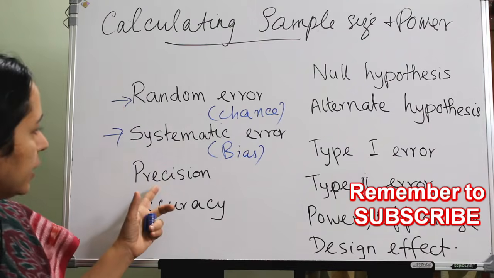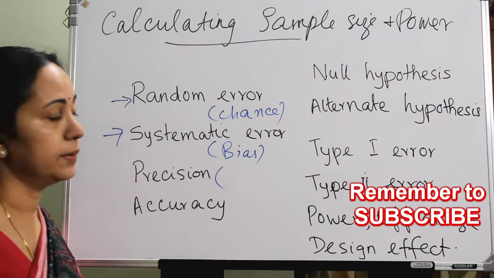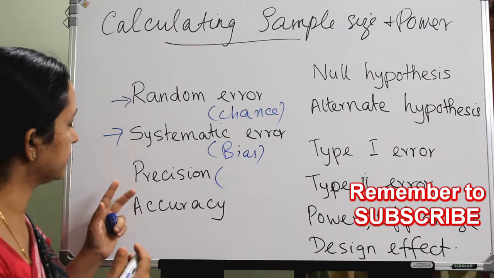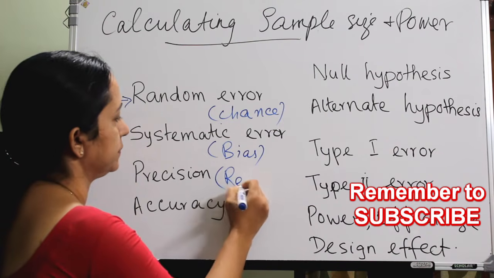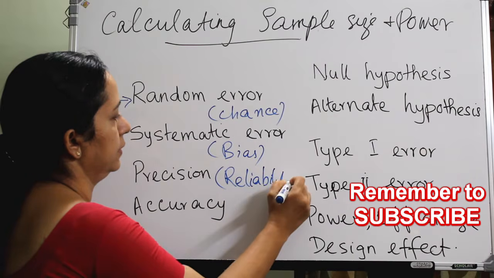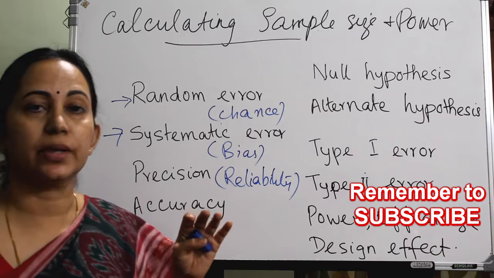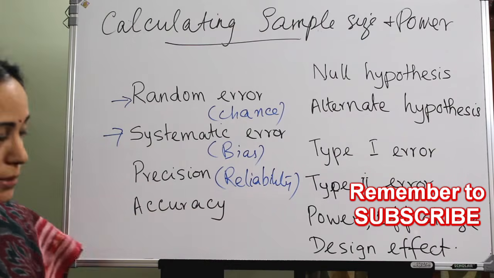Okay, and precision is what you call reliability. That is, on repeated measurement, the tool should give the same result.